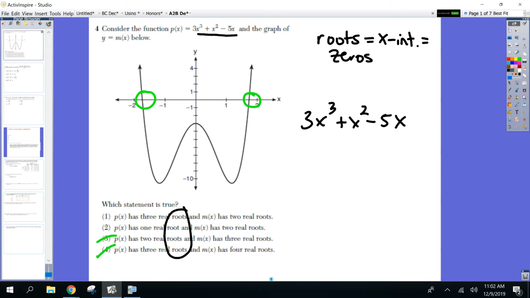Some of you guys know it already. How can you just look at the equation and know how many roots it's going to have? Ashley? Highest exponent. Yep, the highest exponent is 3, so that tells me it's going to have 3 roots.